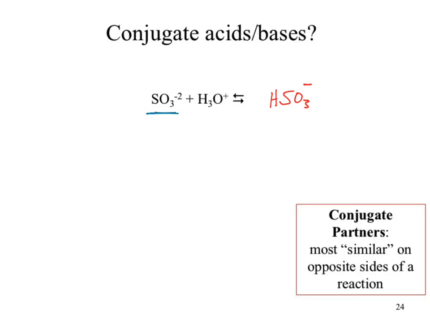That's a -2. What happened to the H3O+? It lost a hydrogen to become H2O. By using that information, I can now predict what happened. To head that direction, it acted as a base. To head that direction, it acted as an acid.